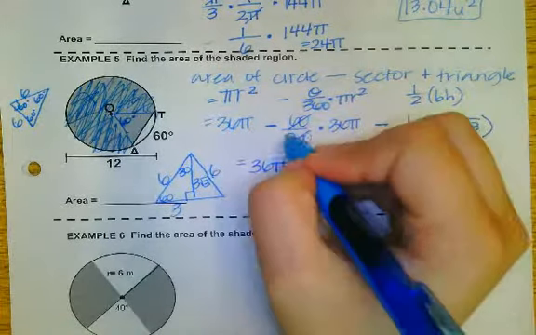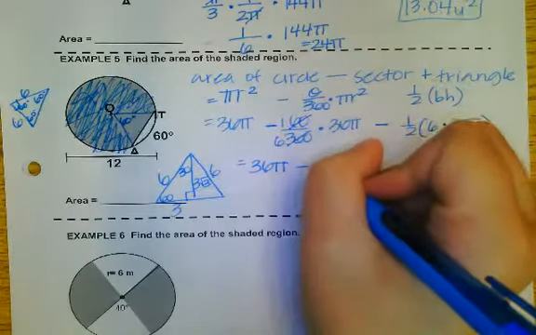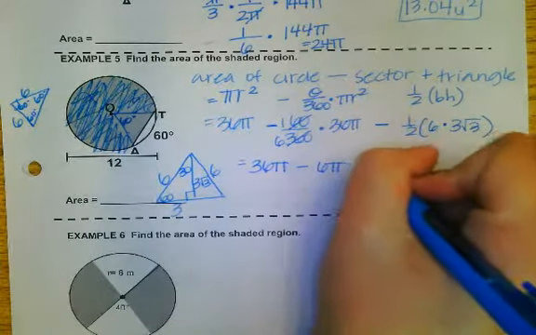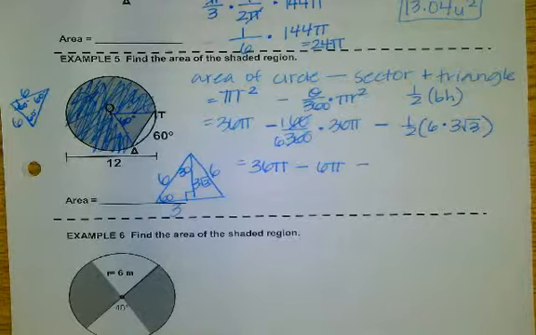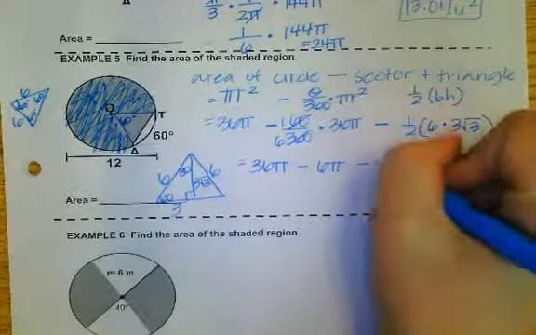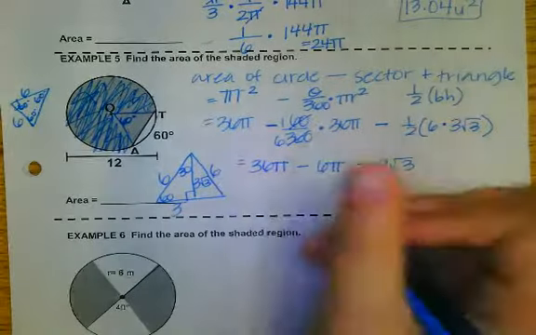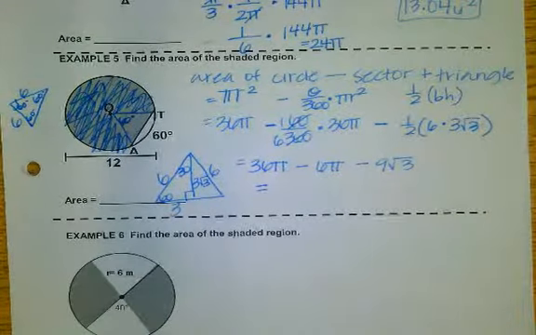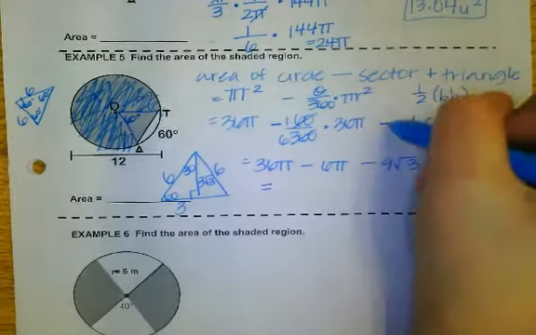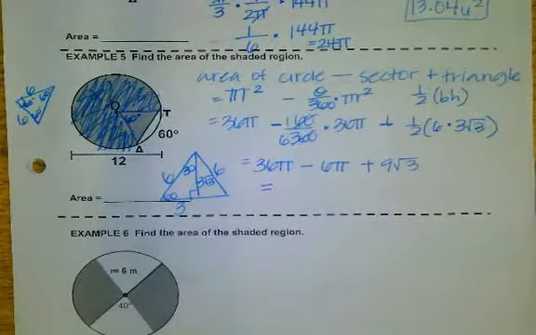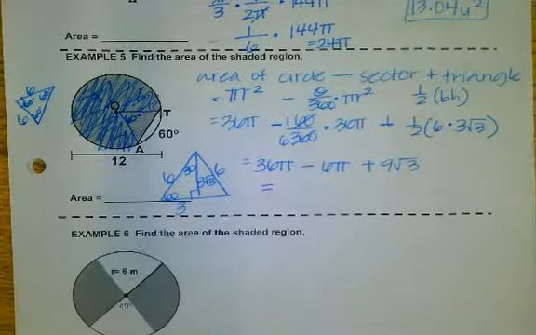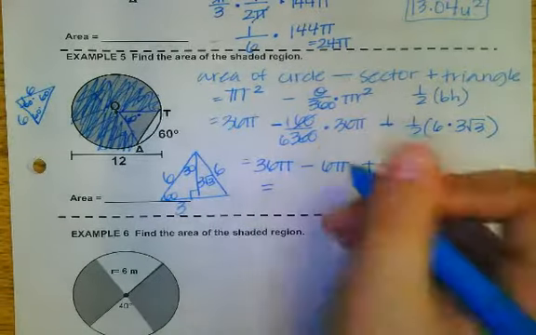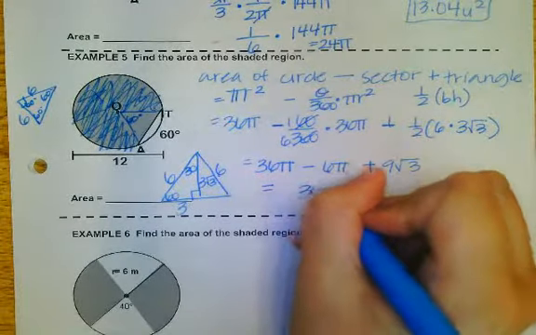Oh, plus, sorry. And my last step is combining my pi's. What do you get? 30 pi. Very good. 30 pi plus 9 radical 3. And to the nearest hundredth, 109.84.